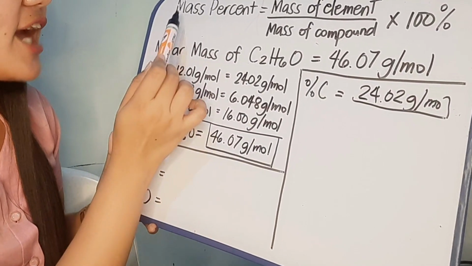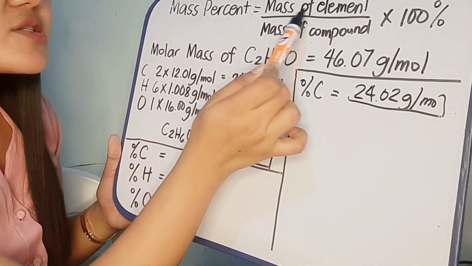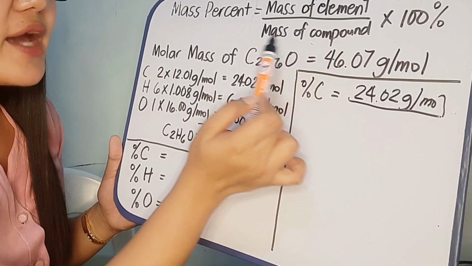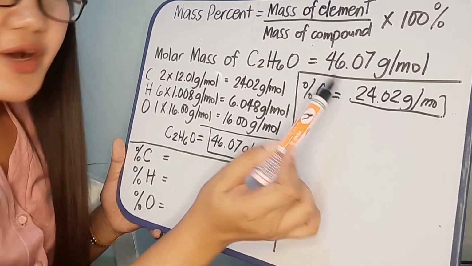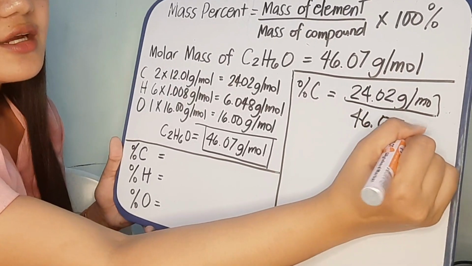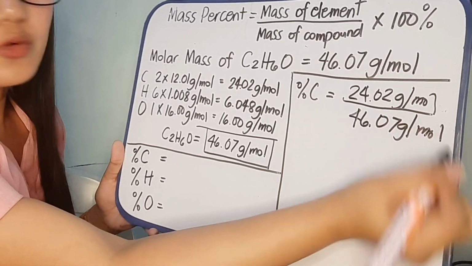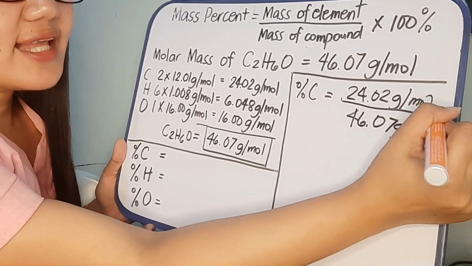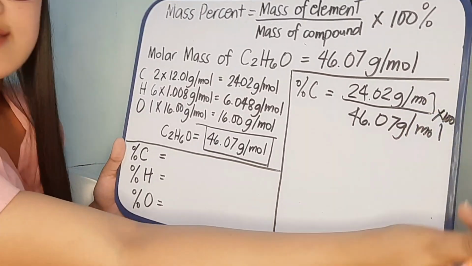Ang mangyayari lang dyan lagi ay mass percent is equal to mass of carbon divided by mass of ethanol, 46.07 gram per mole, and then times 100.